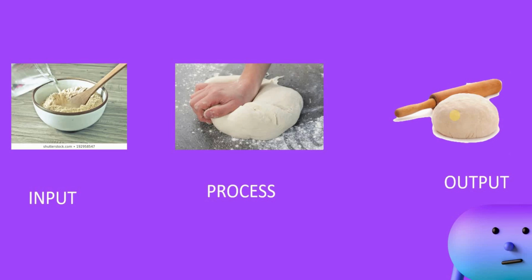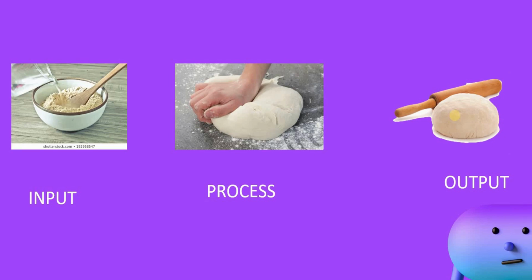Here dirty clothes are input and we are putting that into the washing machine and washing machine will start cleaning, that is process. Output is the washed clothes. So this is IPO. Every machine follows IPO cycle, that means input, process, output.